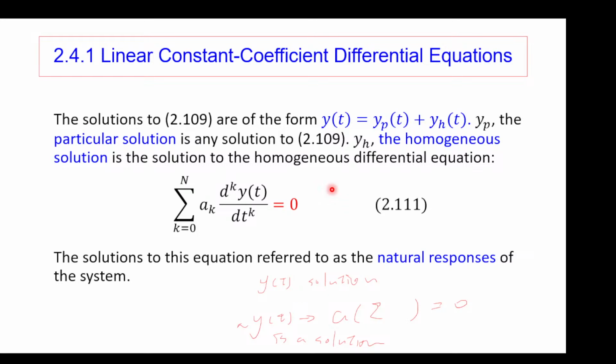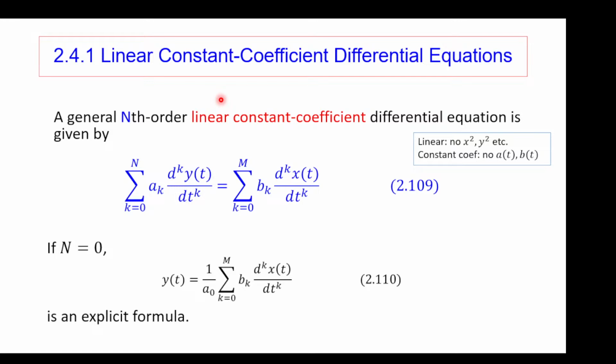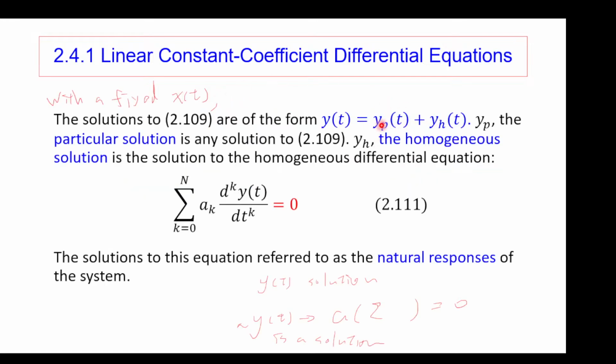With a fixed x of t, the right hand side is just a function of t, and the solution to our differential equation can be written as a particular solution and a homogeneous solution. The particular solution is a solution, but you can add an arbitrary coefficient times your homogeneous solution. The homogeneous solution is a solution to the homogeneous equation.